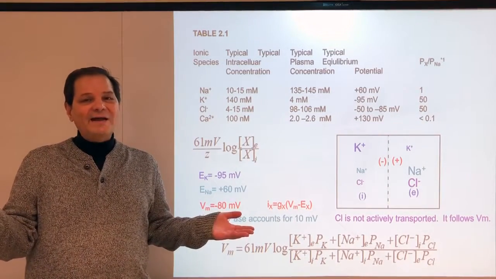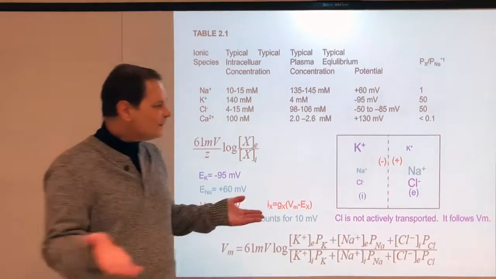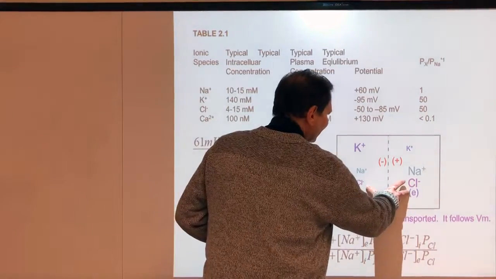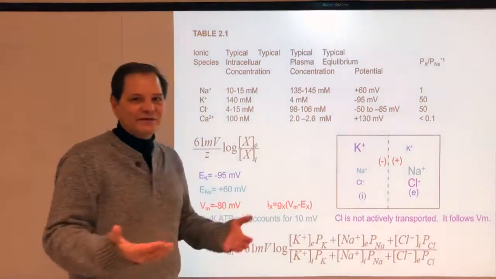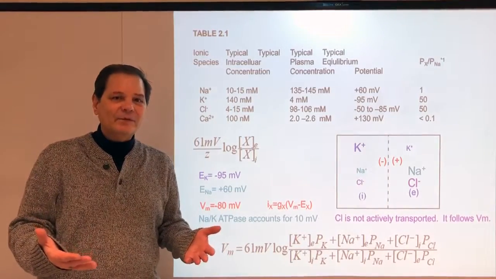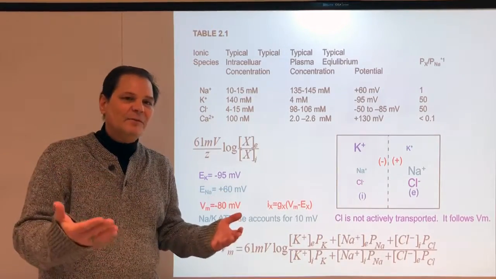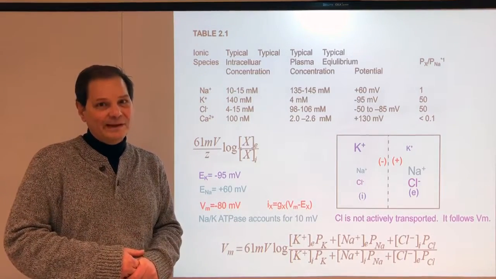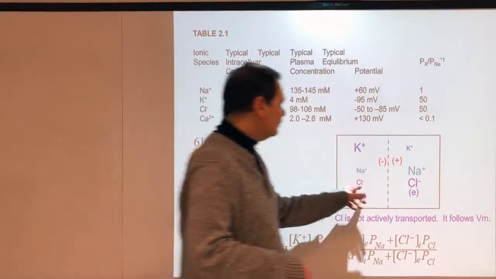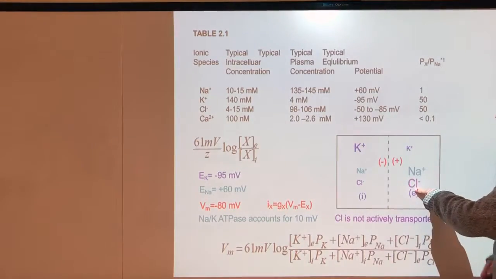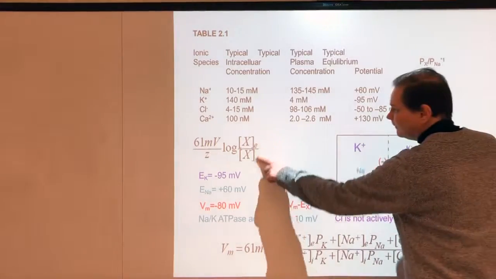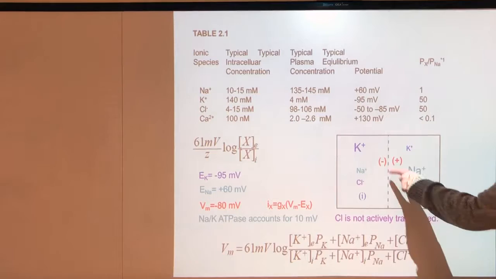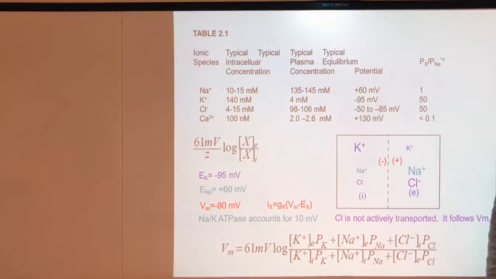Because chloride isn't actively transported, that concentration gradient will be generated such that when chloride stops moving, the membrane voltage and the equilibrium potential for chloride will be the same. So chloride moves until the equilibrium potential for chloride becomes equal to the membrane voltage.